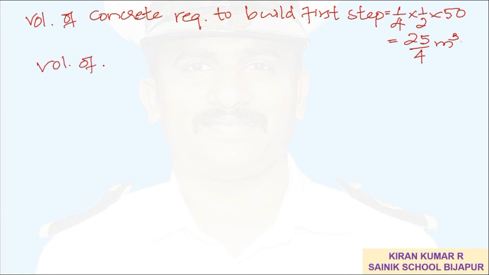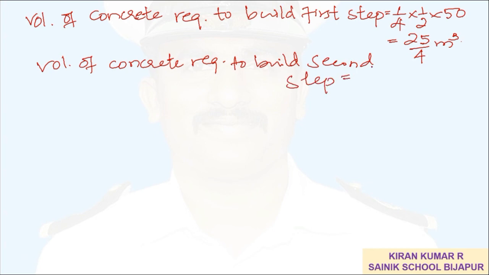Volume of concrete required to build second step will be 2/4 multiplied to 1/2 multiplied to 50. We get it as 50/4 meter cube.